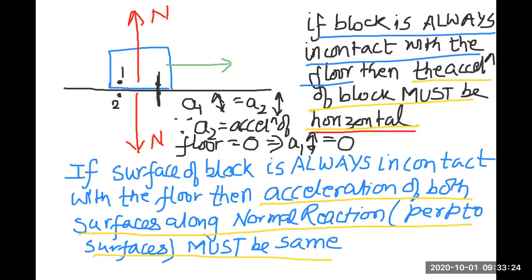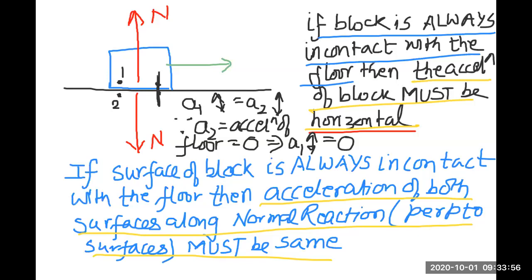Point 1 or point 2, the acceleration perpendicular to the surface must be the same. Otherwise two things can happen. Either the contact between point 1 and point 2, the block and the floor, will be lost, which is not possible because I'm telling you that they always remain in contact.